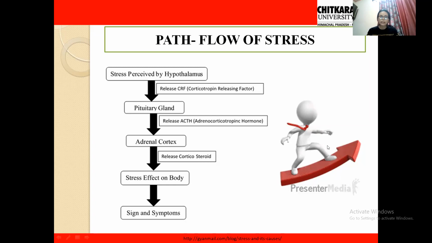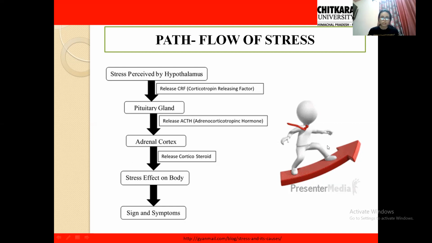For example, when I encounter a snake in my backyard, my hypothalamus will start releasing CRF, then it affects the pituitary gland, leading to the release of ACTH, and this ACTH will influence the adrenal cortex to release the corticosteroids, and this release of corticosteroids will cause some effects on the body, such as I will feel sweating, palpitations, my heartbeat will increase, and I might sometimes get a fever also, I might shout also.